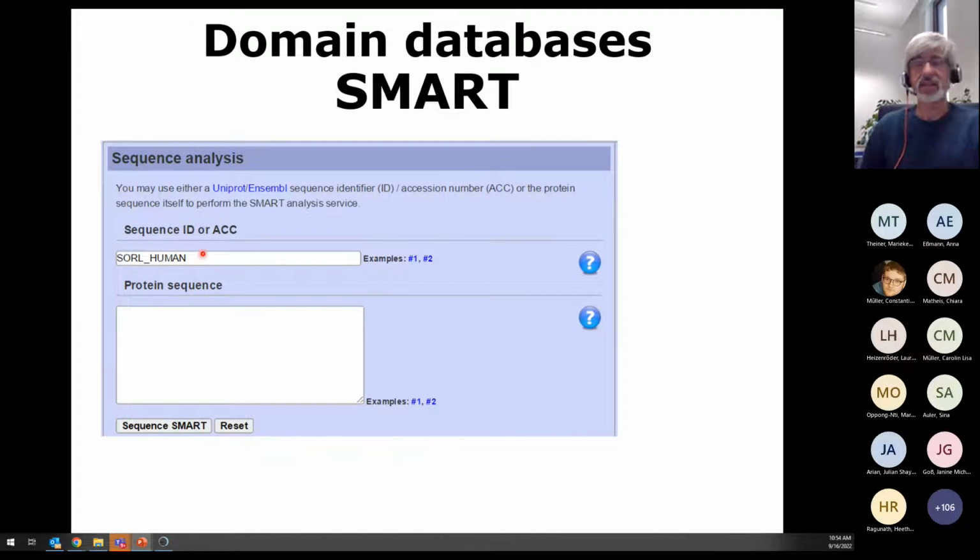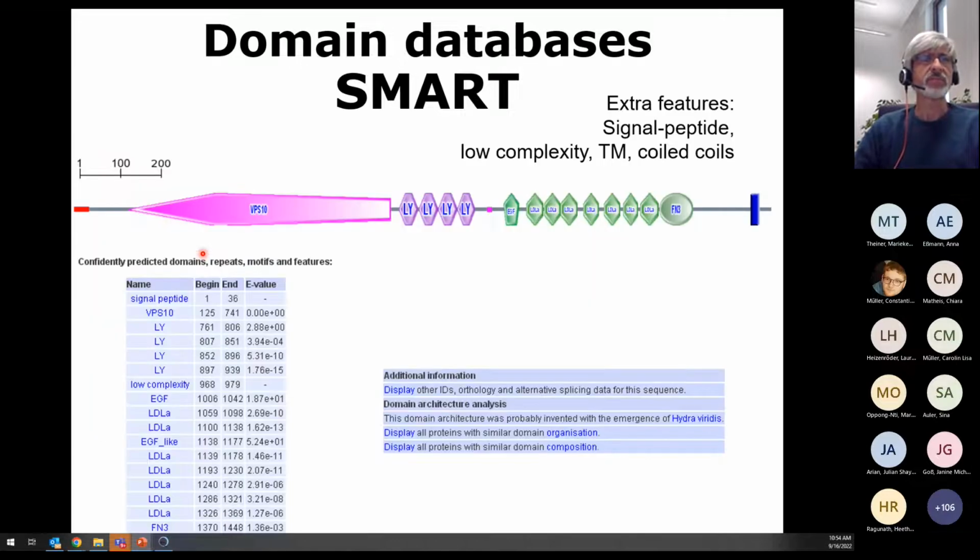I put the identifier there, and the program returns after very little time, because they normally have these things pre-calculated, this view telling me there is a very large domain. It's very large because I have this scale here for the residues.